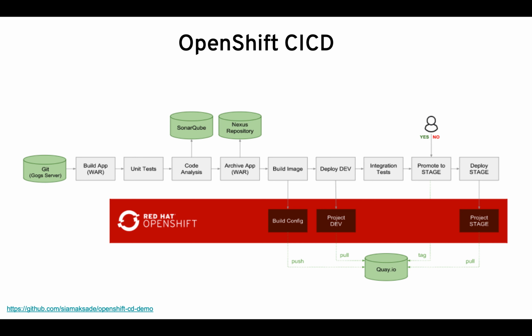We can see the image repository Quay on the bottom here. It's a simple step to include it, but for time reasons we've omitted it. See the link on the bottom left-hand side of the slide for how to run this demo, including Quay.